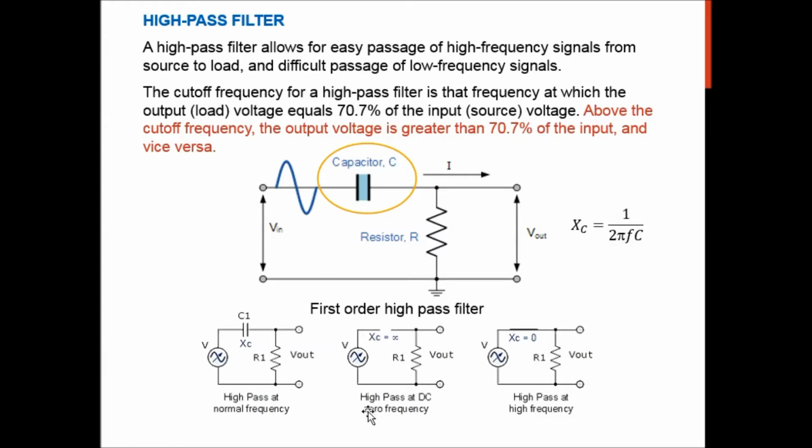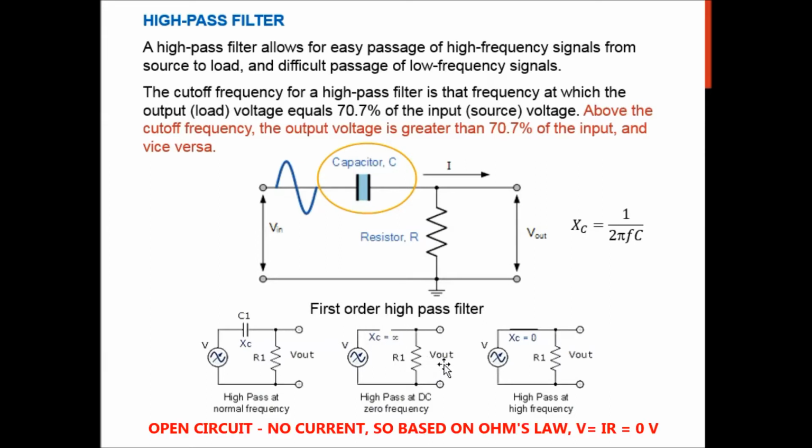But at DC or low frequency, you will have an open circuit, so your Vout will be 0 because you are measuring across a resistor.